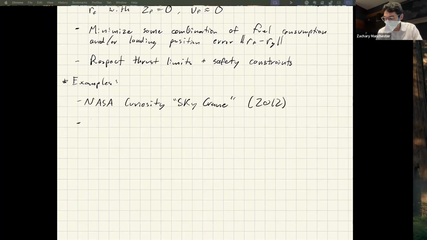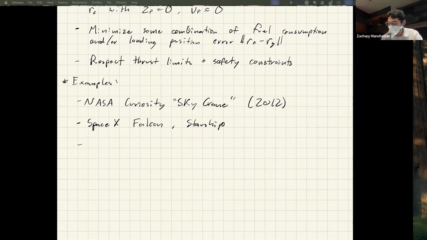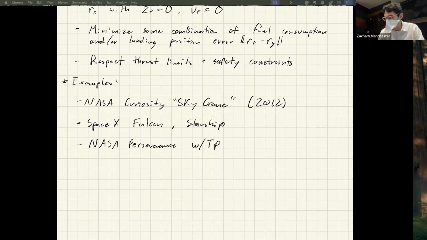And then SpaceX started doing this stuff with the Falcon, and then Starship. You've all seen that by now, right? That's been going on for about 10 years. And then the one we just saw was NASA Perseverance, which added the terrain relative navigation piece, the vision piece to it. And that was in 2021.